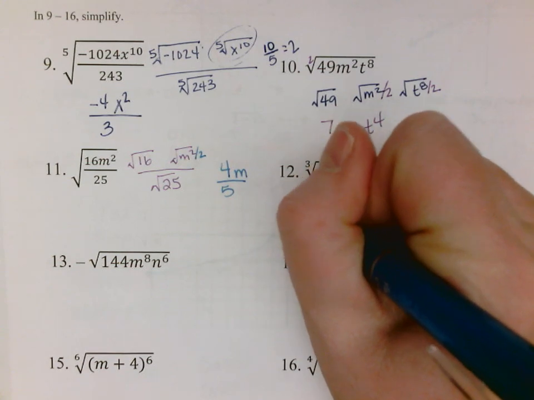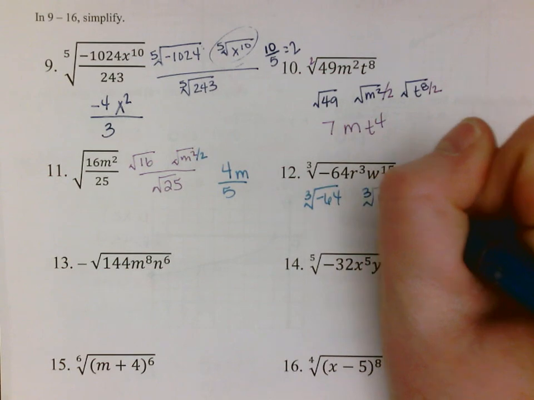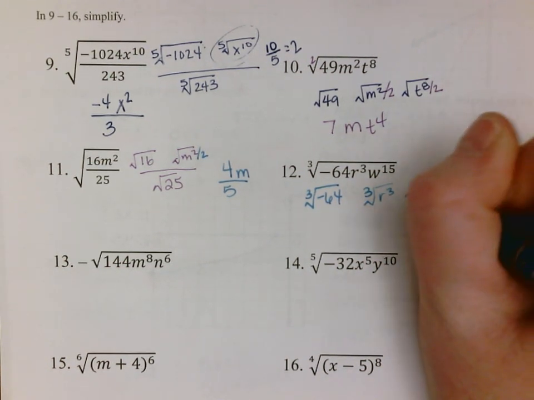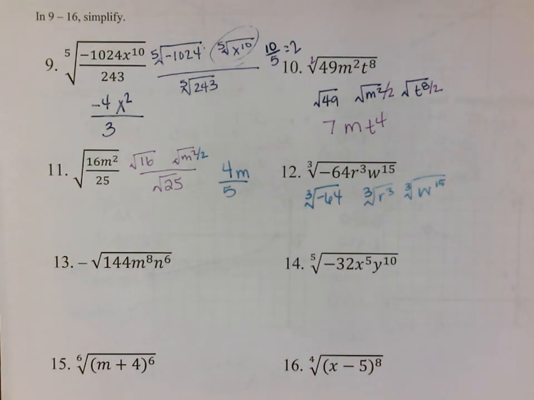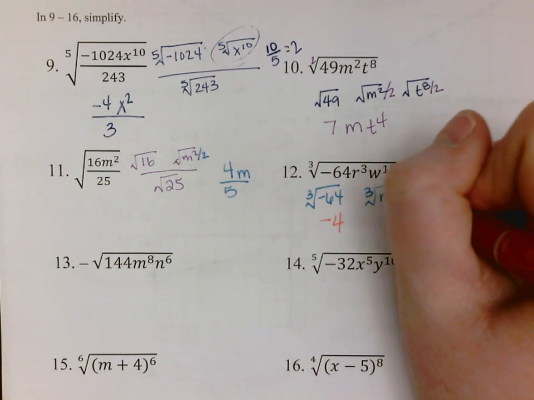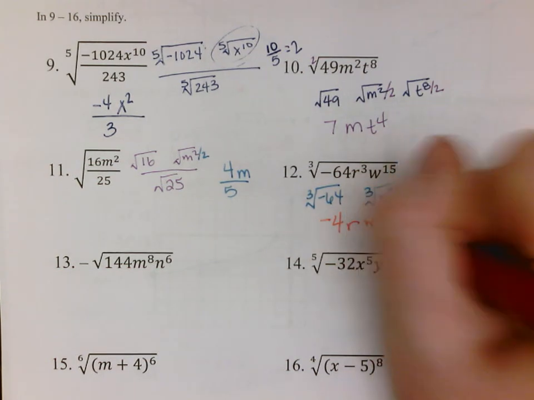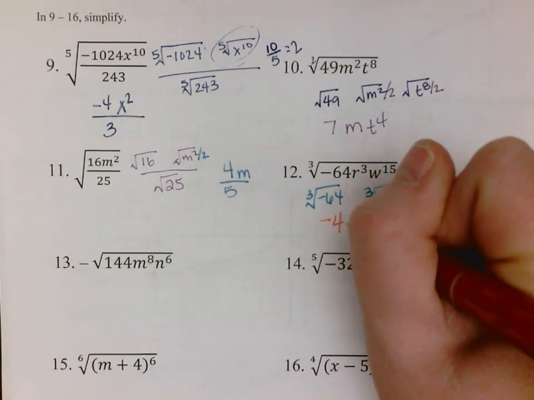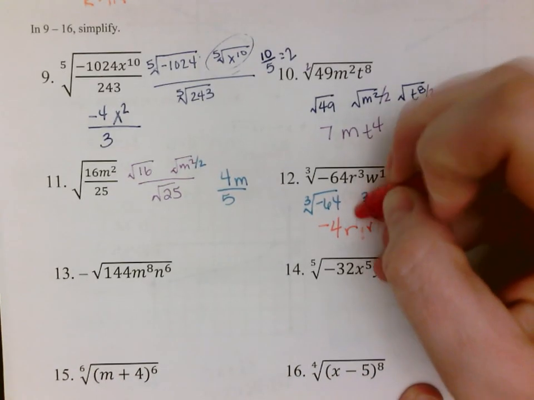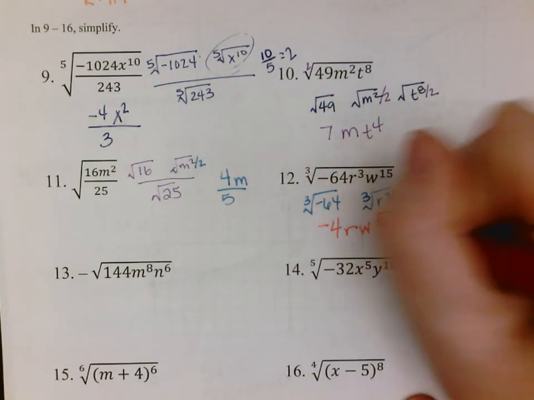So this is the third root of -64, the third root of r cubed, the third root of w to the 15. On my calculator, I just got this to be -4, divide by 3, divide by 3, r, w to the 5th. If they are not even, then you must leave the amount that did not work left underneath the radical.